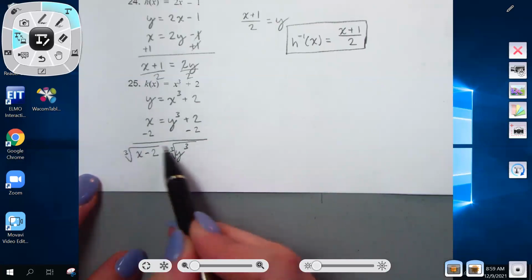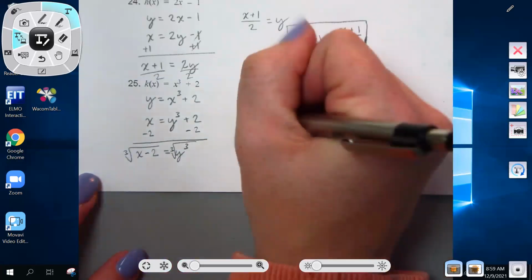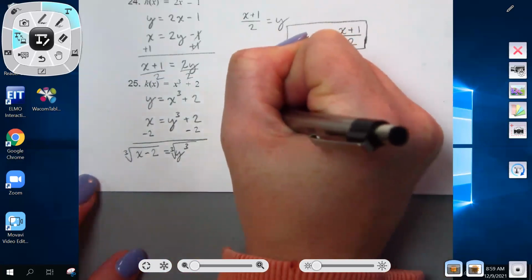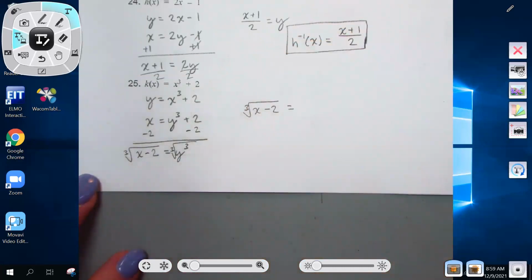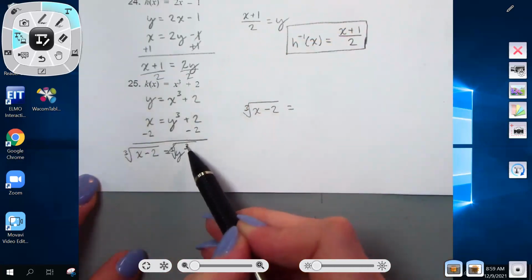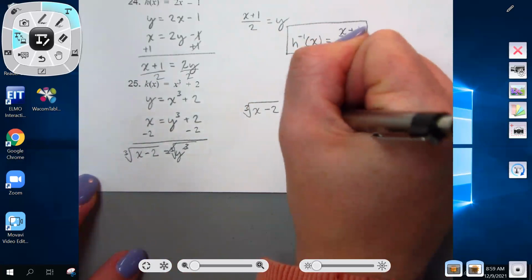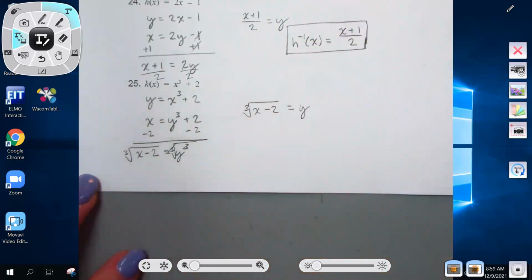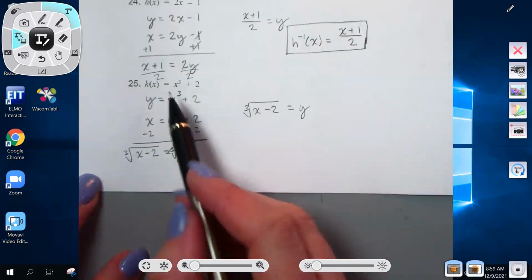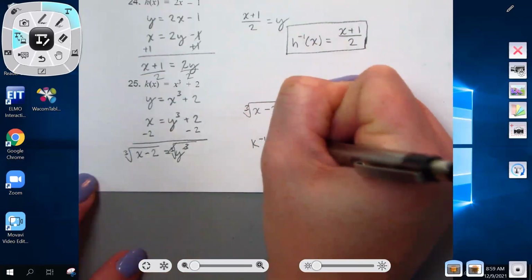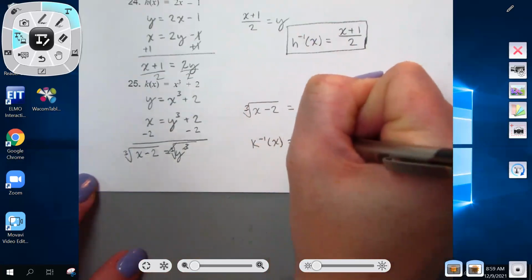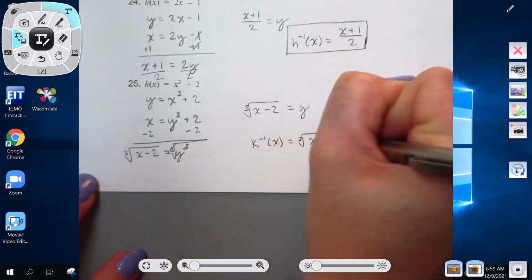So we can't really do anything with the cube root of x minus 2. So it's just going to stay the cube root of x minus 2. But then the cube root and the exponent of 3 cancel and just leave us with y. And that's it. We just need to change back to inverse notation. So k inverse of x equals the cube root of x minus 2.